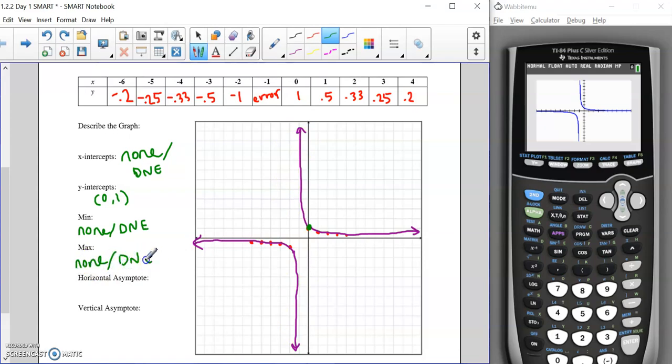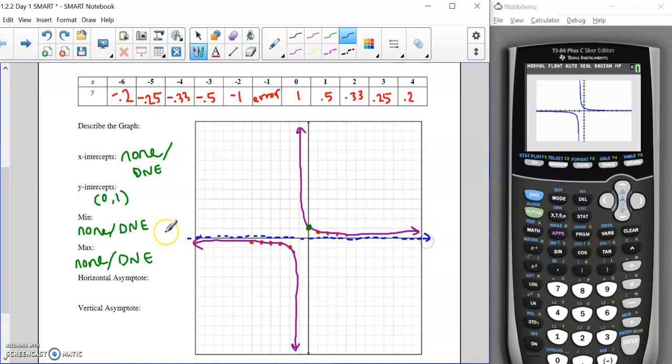So exciting. All right, now this is the new stuff right here. Horizontal and vertical asymptotes. Now, these guys are precisely those lines that the graph will never touch. Okay, remember I said that these graphs will never touch the x-axis? And that's because there is a horizontal asymptote on the x-axis.